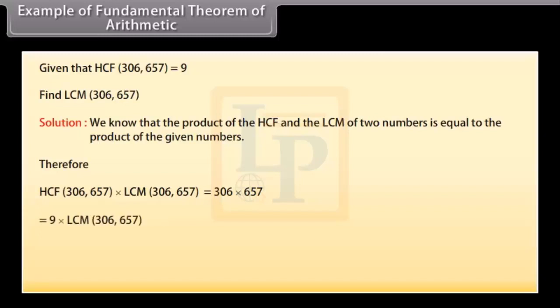That is, 9 × LCM(306, 657) equals 306 × 657, which gives LCM(306, 657) equals 306 × 657 upon 9. LCM is equal to 22,338.